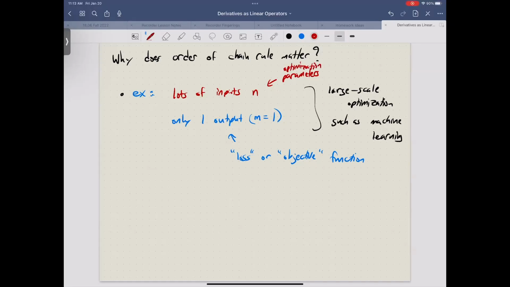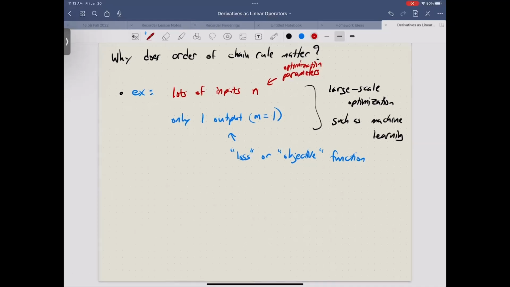If it's a big neural network, it has 1 billion parameters, and you're trying to optimize those parameters to make one number better, a measure of accuracy of whatever the neural network is trying to predict. So you have one output and 1 billion inputs.